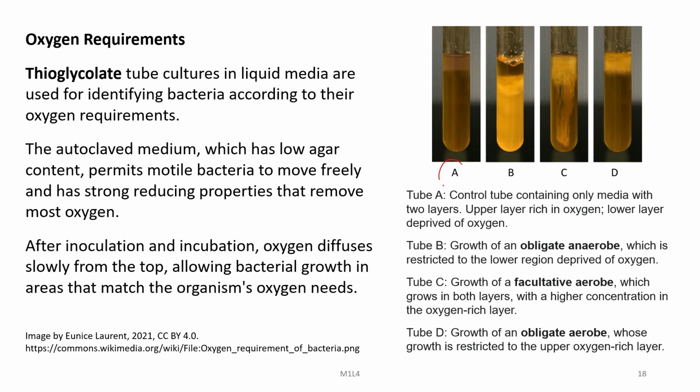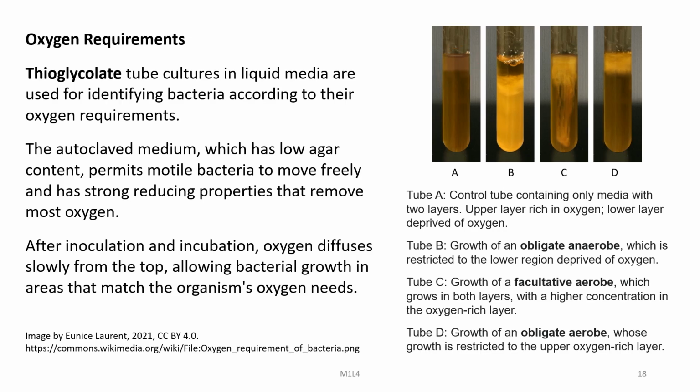So, here we have different tubes A, B, C, D, and they have different oxygen conditions. Tube A is a control tube which contains only media with 2 layers. The upper layer is rich in oxygen, as you can see from the difference in transparency, and the lower layer is deprived of oxygen.